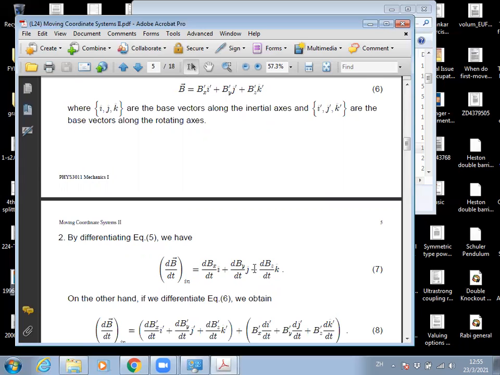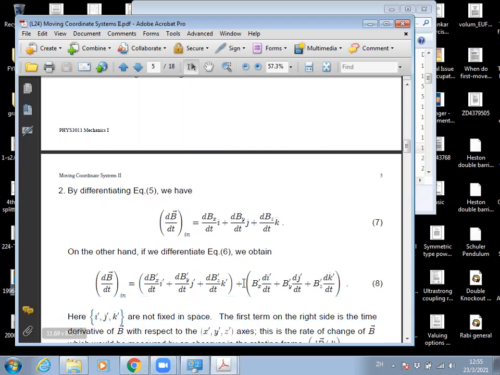On the other hand, if we perform the same operation in the rotating frame, it will be a little bit different. Okay? Why?